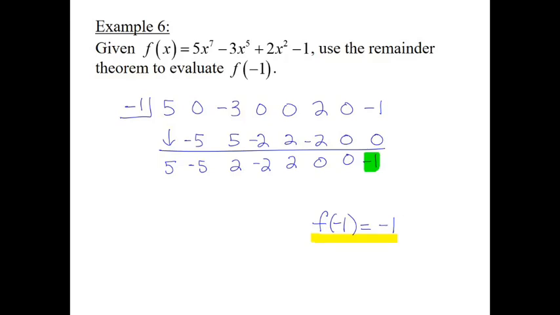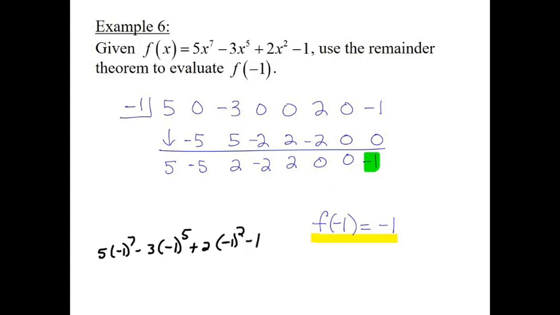Then we say 5 times negative 1 to the 7th minus 3 times negative 1 to the 5th plus 2 times negative 1 squared and then minus 1.